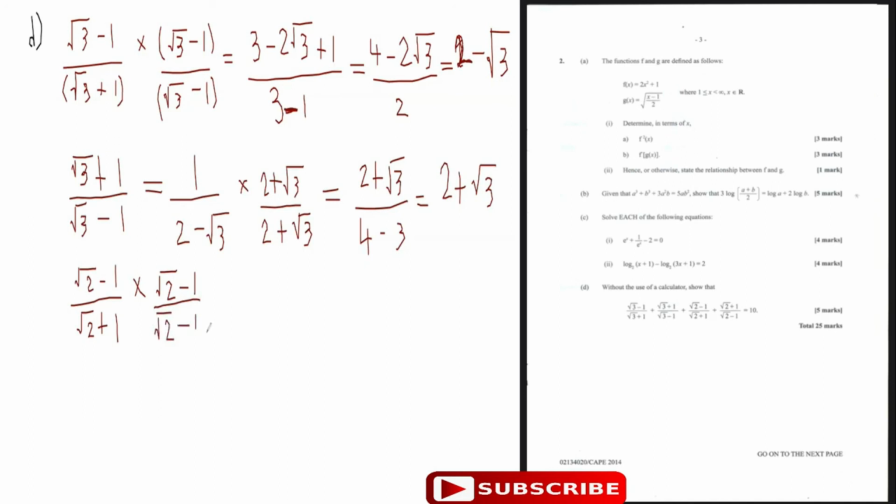When I multiply, the numerator becomes root 2 times root 2 is 2, minus 2 root 2 plus 1. Nice. Then in the denominator, I get the difference of squares, which is just 2 minus 1. And so all of this works out to just be 3 minus 2 root 2.